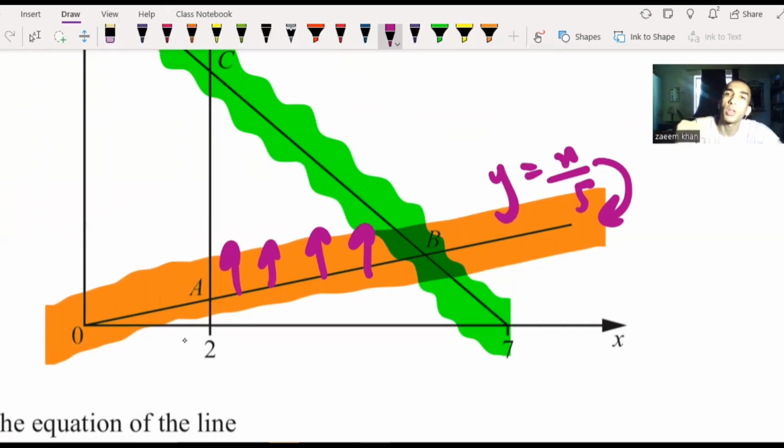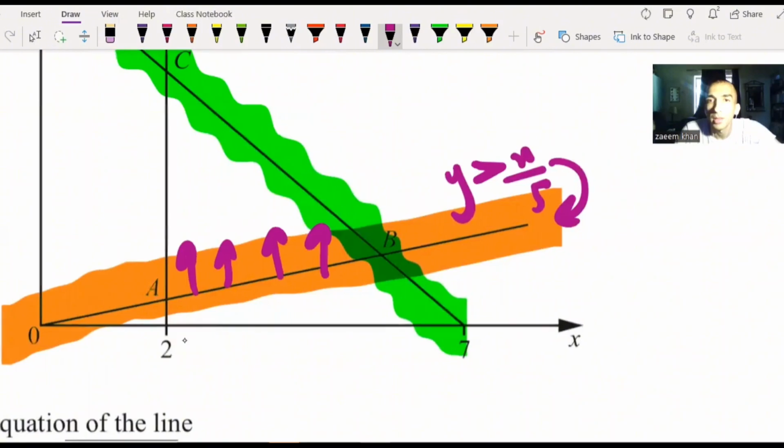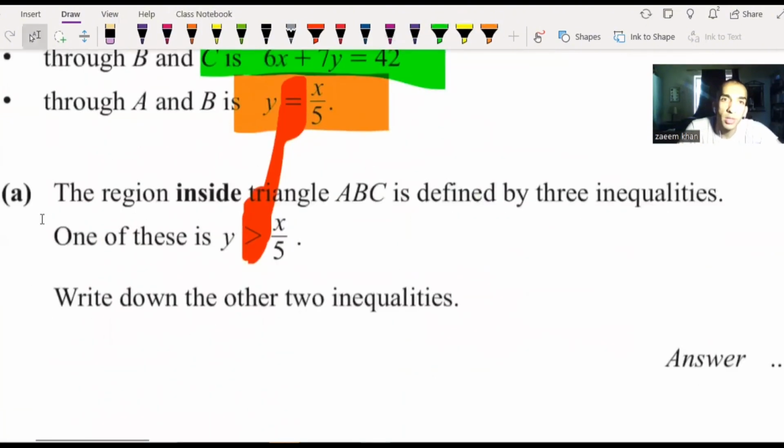And if it is supposed to stay above, are we talking about values of y which are greater than or less than that particular equation? Greater than. Now take a good close look. I'm going to change the is equal to sign into a greater than sign. And that's exactly what they've done over here as well. y is greater than x over 5. Does that make sense?